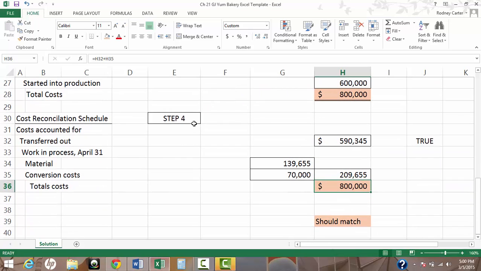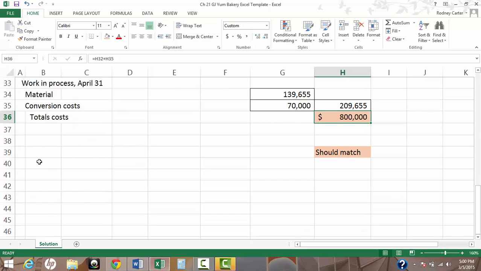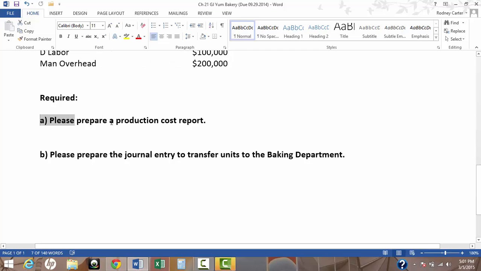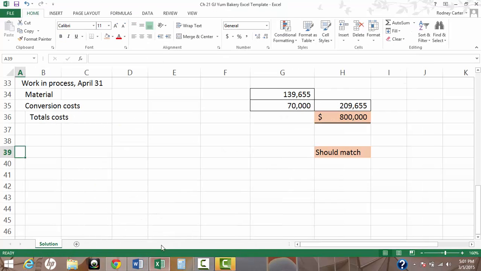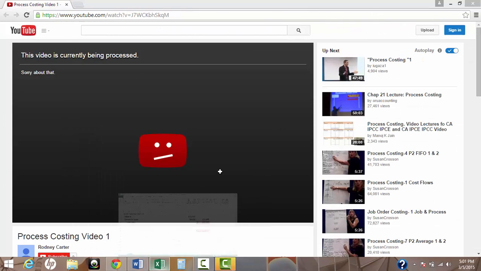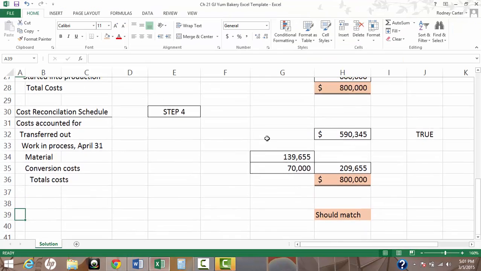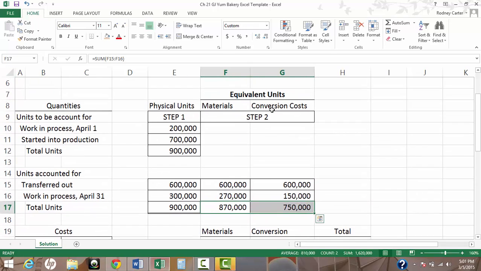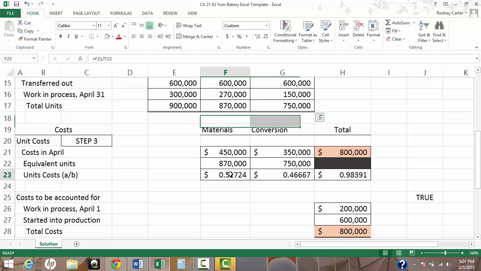Now, we are to the point where we can do the second part of the problem. We've completed the 4-step production cost report. Why did we need to do the production cost report? Because we needed to be able to find out our equivalent units, which we calculated in step 2, and then our unit cost per equivalent unit for materials and conversion.